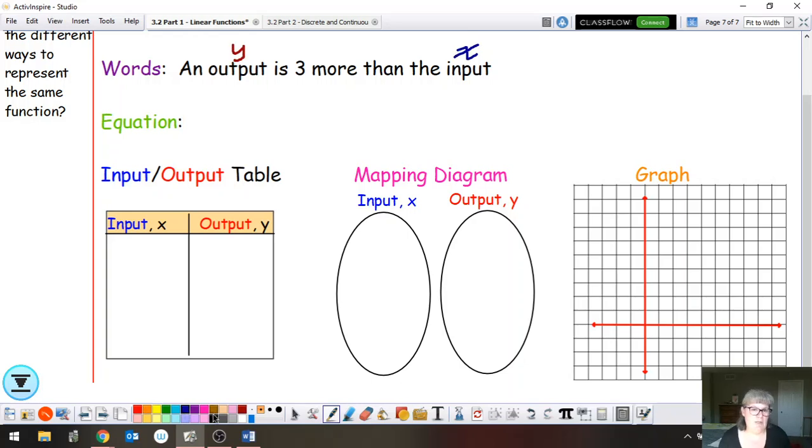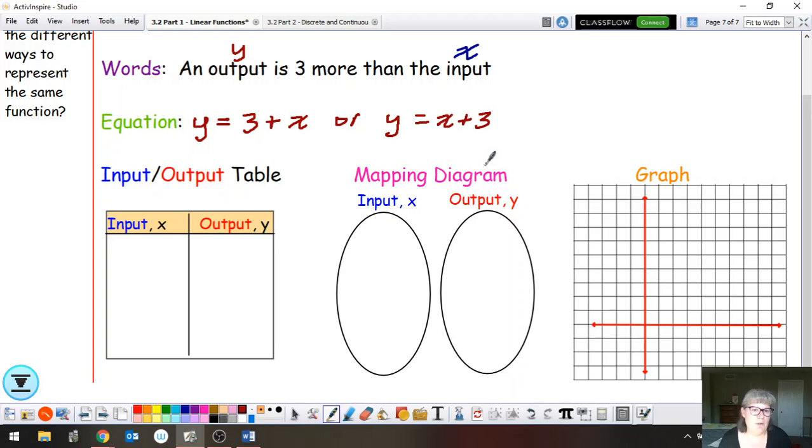So when I write an equation to go with this statement, I can say y equals 3 plus x, or y equals x plus 3. They are equivalent.